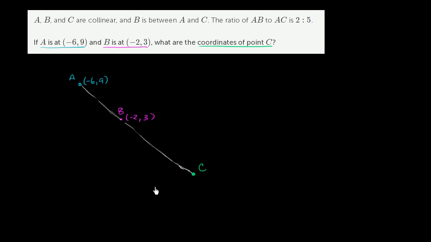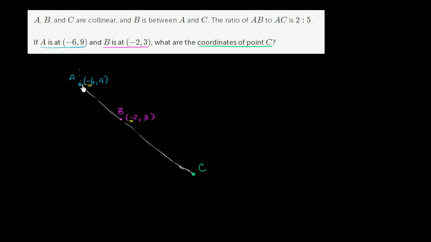Well, the way we could think about it is to break it up into horizontal change in coordinate and vertical change in coordinate and apply the same ratio. So for example, what is the horizontal change in coordinates going from A to B? This is A's x-coordinate, at negative 6. B's x-coordinate is at negative 2.